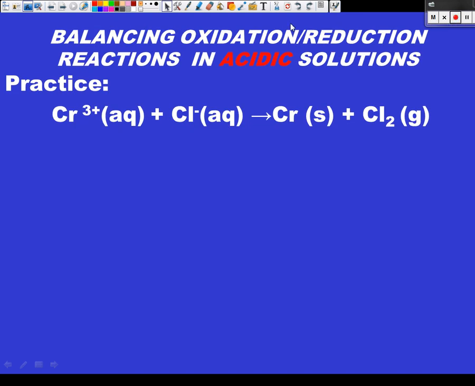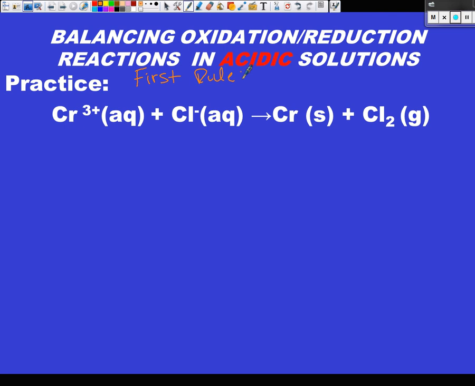So let's look at our first one. Let's just follow the steps. The first thing it says: divide the equation into oxidation and reduction half reactions. Before we can even divide them in half, we've got to determine which species is going through oxidation and which species is going through reduction. The first rule, and we've already said this, you guys write it up here.